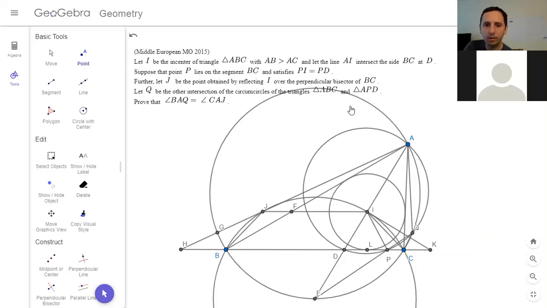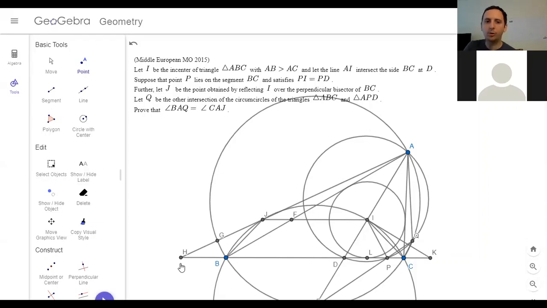And then power of a point can work. So how would power of a point work to show that? HD times DP is AD. Oh, you do want to use the point H. Okay, that's an idea.